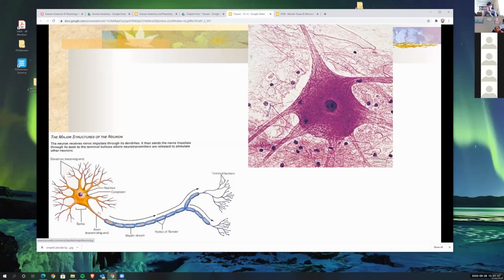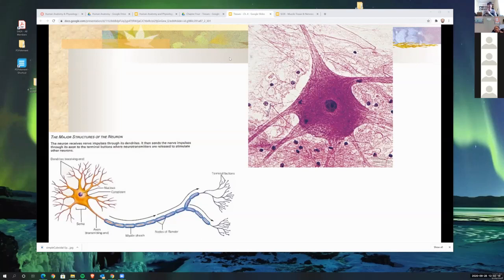Think about how small cells are. Under the microscope, this part of the cell could run for a couple feet before it ends, and that's one single cell. We have cells that run from our brain that go through our spinal cord, and it's one long cell that goes all the way down.